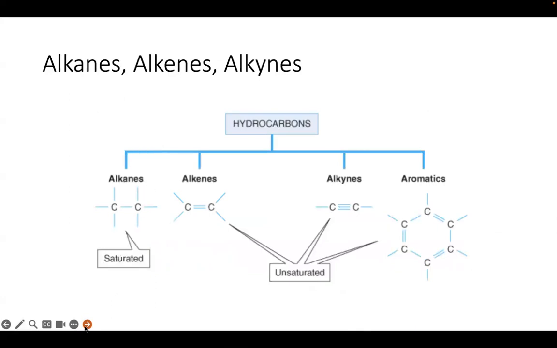Okay, so same picture, but now we're going to focus on something a little different. So we're going to start with our first 3 functional groups here. Okay, so we have alkanes, which are all single bonds of hydrogen and carbon. We have alkenes, which is where a double bond is present, but again, all hydrogens and carbons.